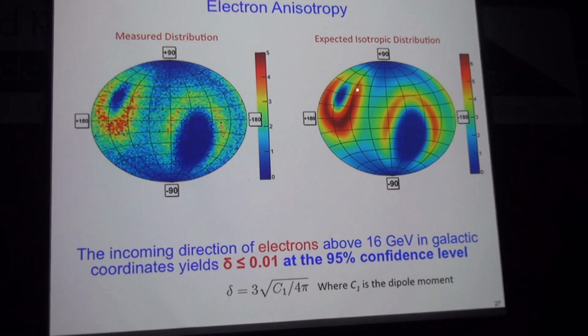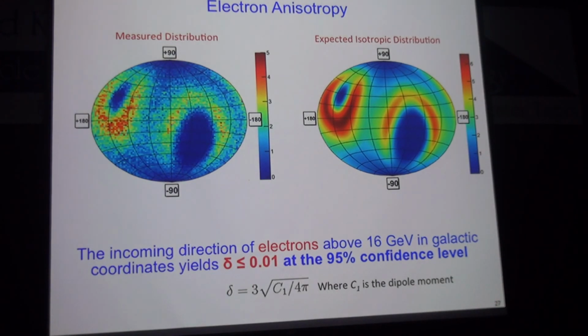This picture is not smooth because of the difference in exposure time. AMS spends more time in this region and less time in this region, but we measure the difference between the measurement and the prediction, and we can determine the anisotropy.